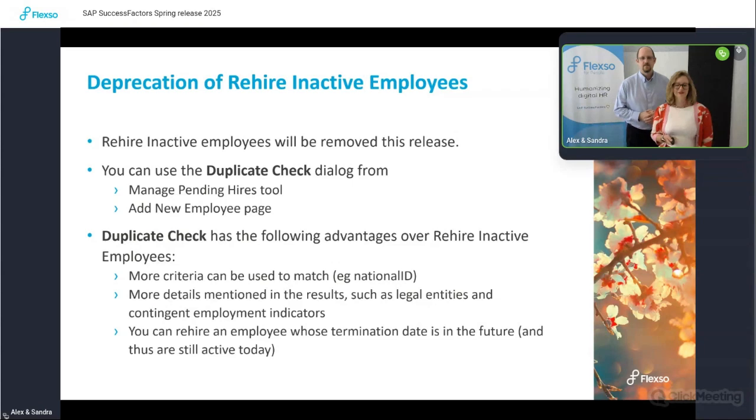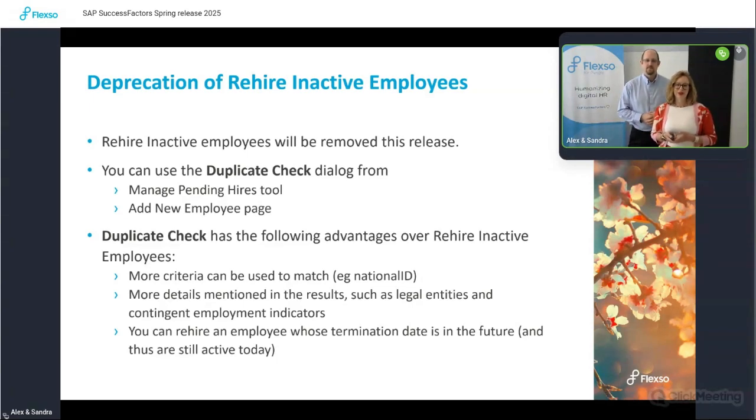And SAP justified that decision with the info that the duplicate check dialog has many advantages regarding the rehire inactive employees page. For example, we have more criteria that can be used to find the right matches, national ID, to mention one example.